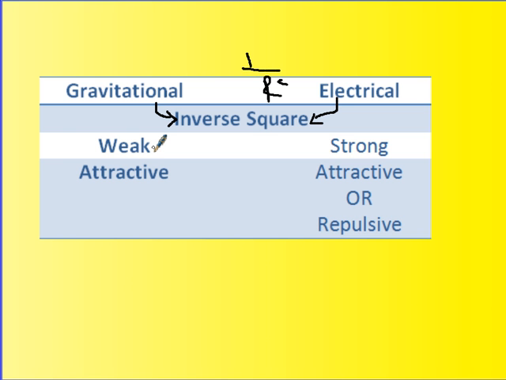It's not the strong force, but it is a strong force. Gravitational forces are only attractive. You can't have repulsive masses. While electrical forces can be attractive or repulsive. It depends upon whether you're dealing with two positives or two negatives, or a positive and a negative.